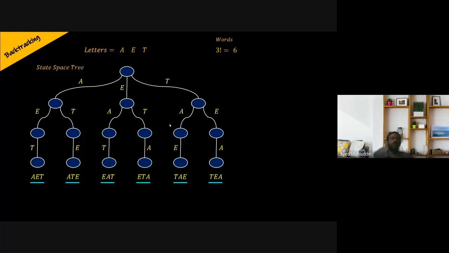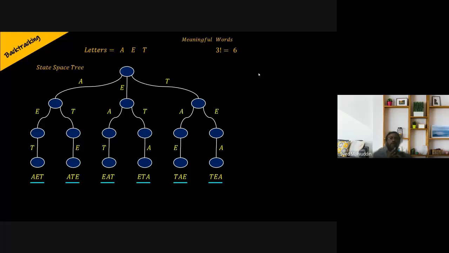Now, usually in computation problems, we have some constraint. We are given a constraint. In this case, assume that we have a constraint of meaningful words. That is, we are given 3 letters, and from those 3 letters, n factorial, that is 6, words can be created.